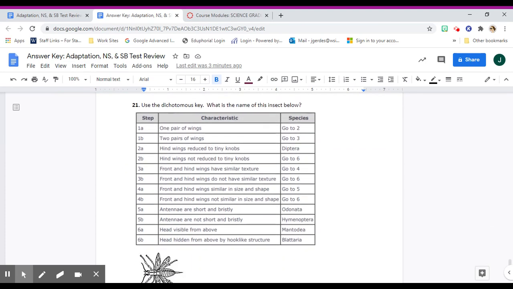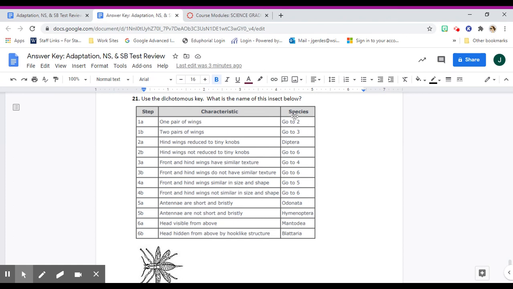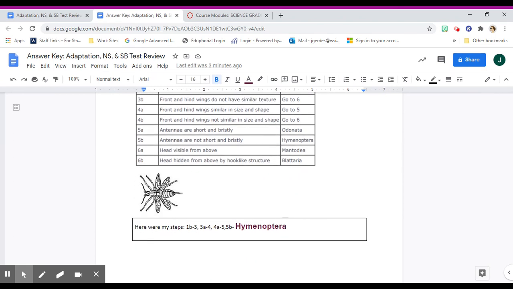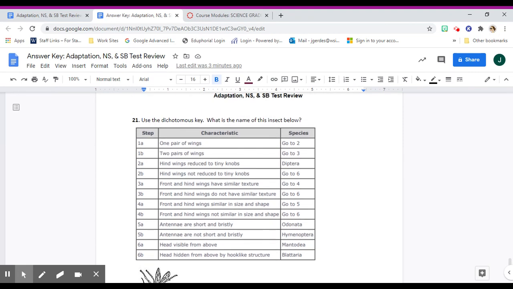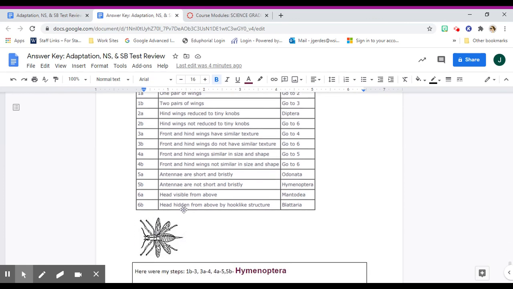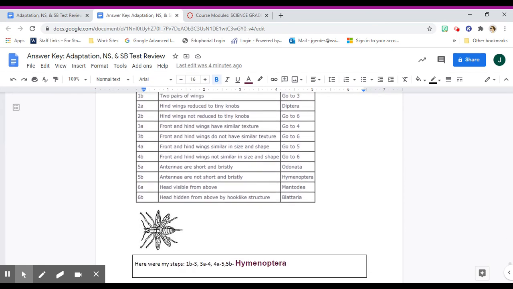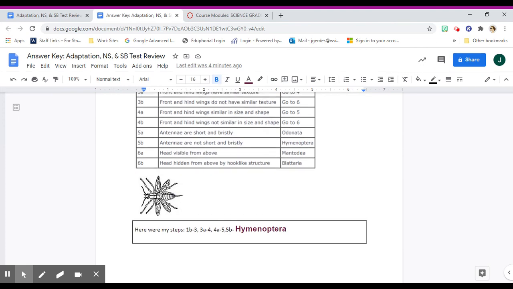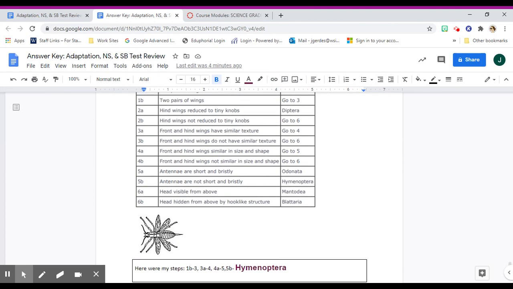Okay, number 21. Again, we cut this dichotomous key out of the test and we cut this insect out of the test. So you might want to review this key and this bug and see if you're struggling with how I got to this. I put the steps here. But let's go through it.